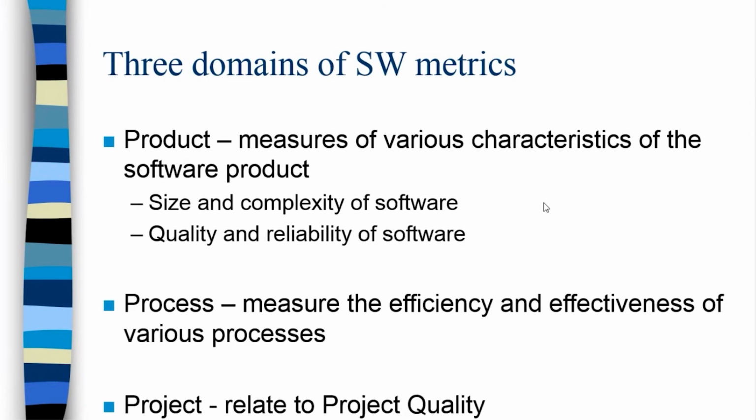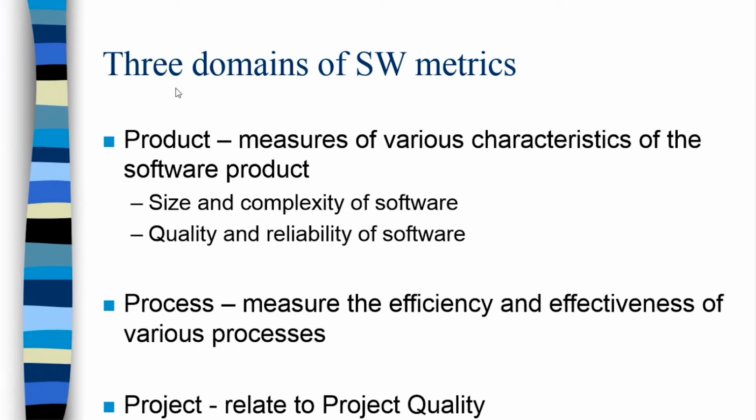Okay. Now, as I told you, there are three domains of software metrics. First one is product. The product metrics, or the product measurements, are related with the software product and all of the things related with that product, or the artifacts.